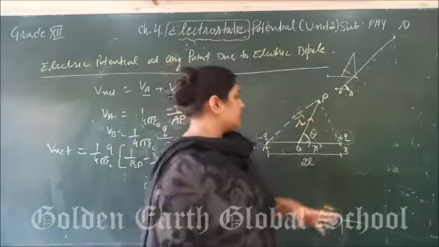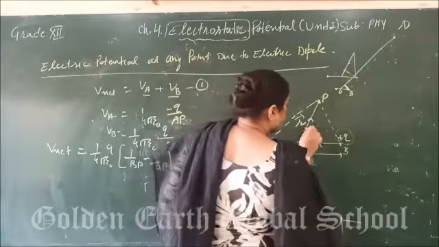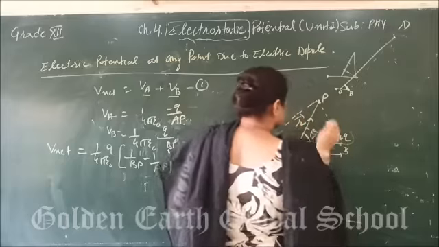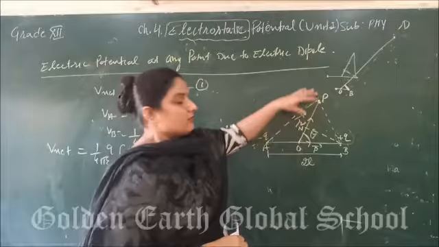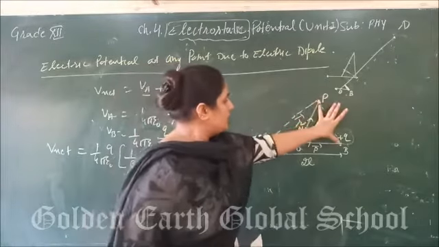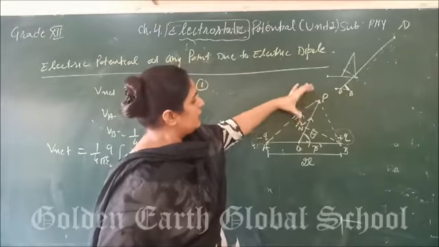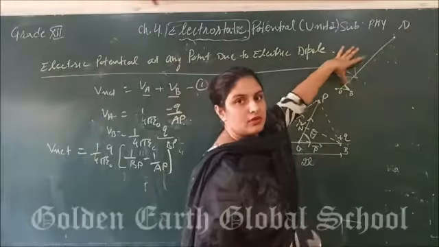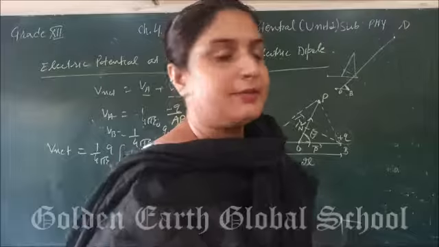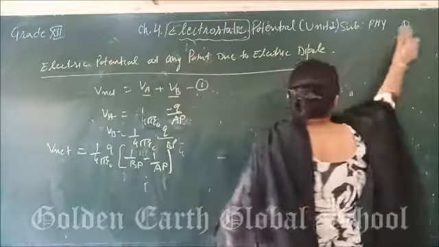In that case, if I draw the normal from point B to the line OP, let us suppose it is N. In that case, we will consider BP will be approximately equal to PN. So this is the main concept that we are going to apply in this article.